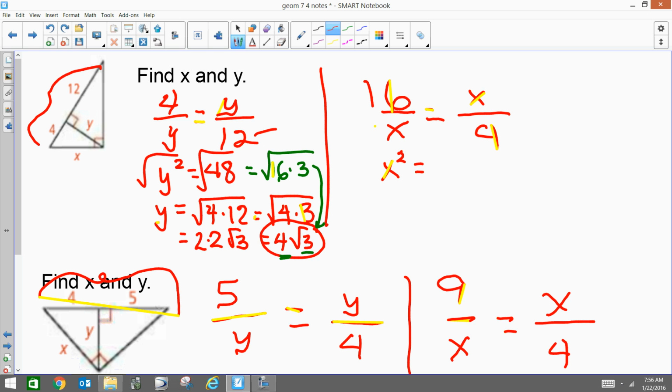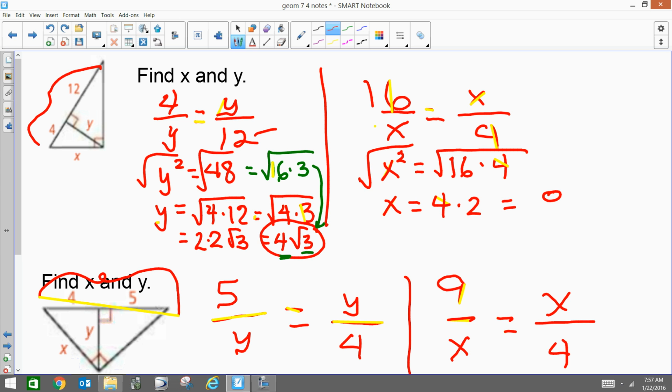X squared equals, I know 16 and 4 are perfect squares, so I'm just going to do it like this. It's already broken down for me. X equals, square root of 16 is 4, square root of 4 is 2.